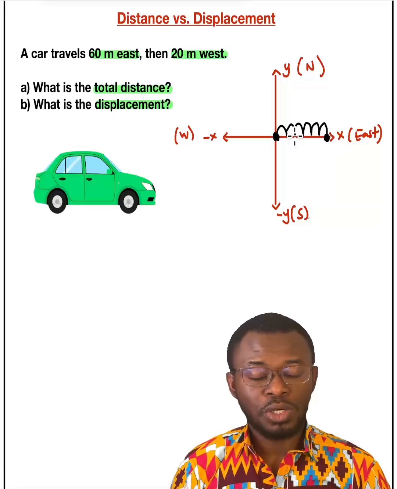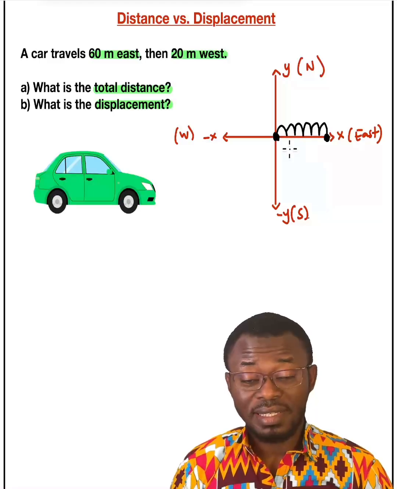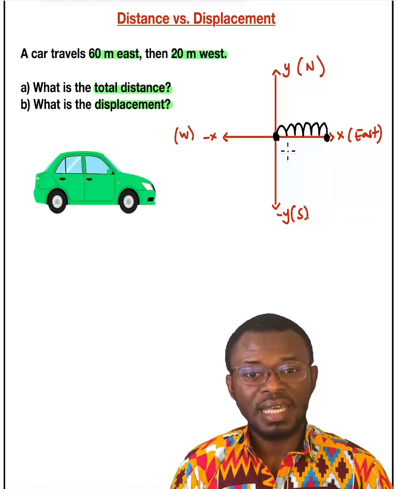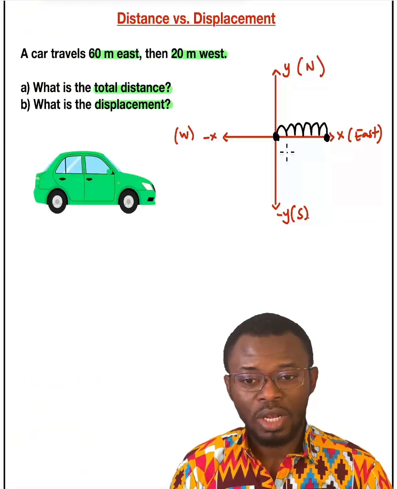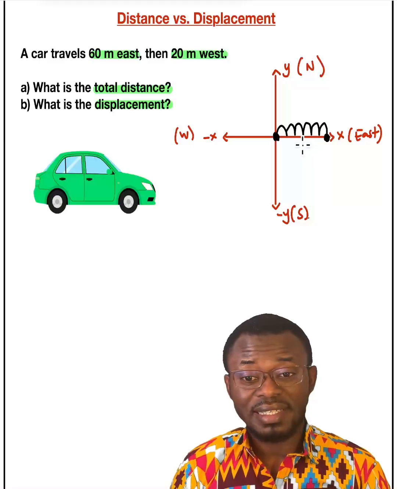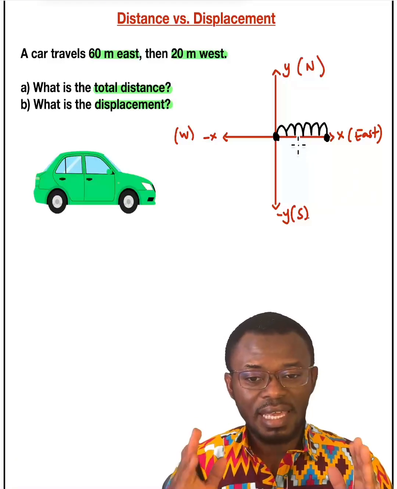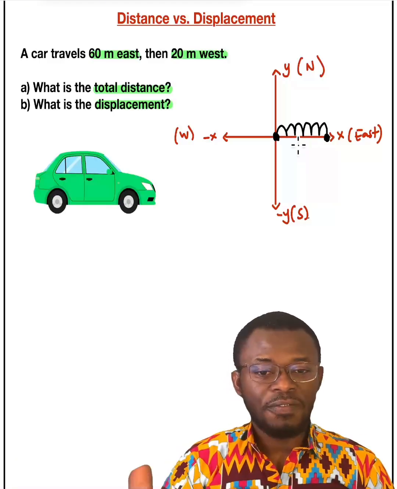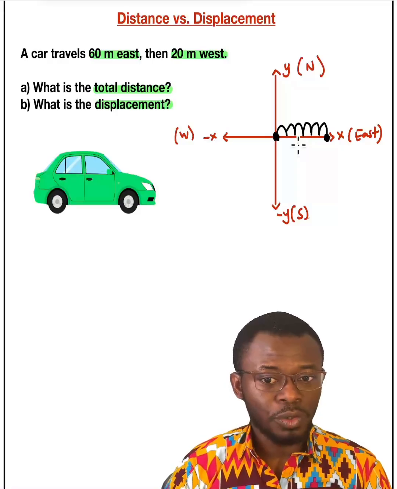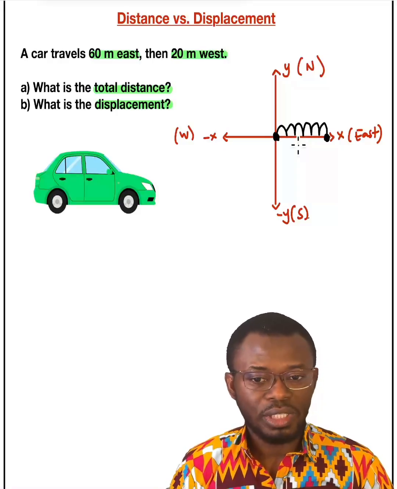So it traveled some distance, which is 60 meters, in the eastern direction, along the positive X direction. The distance traveled is just 60 meters. That is the scalar. It gives us how far the car traveled from its starting point, which is the origin.